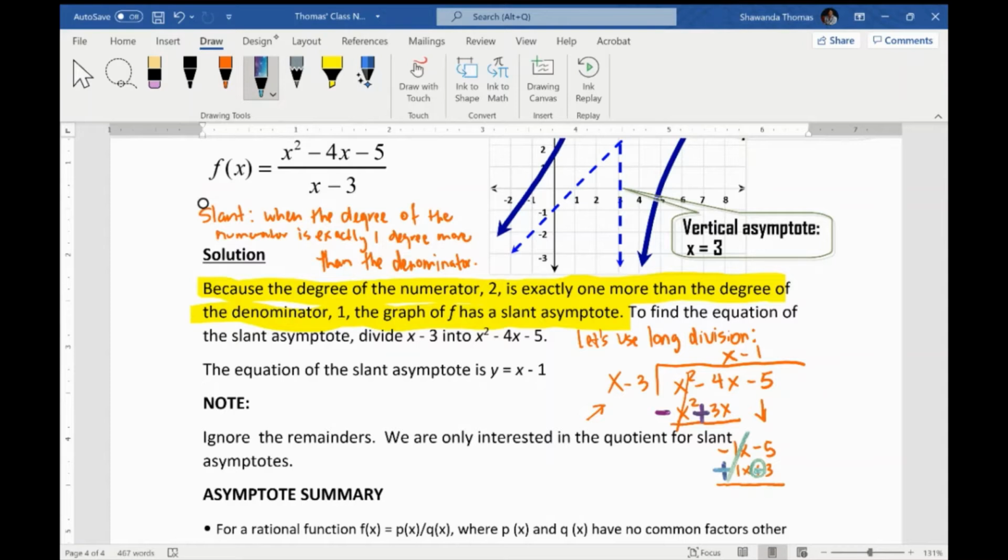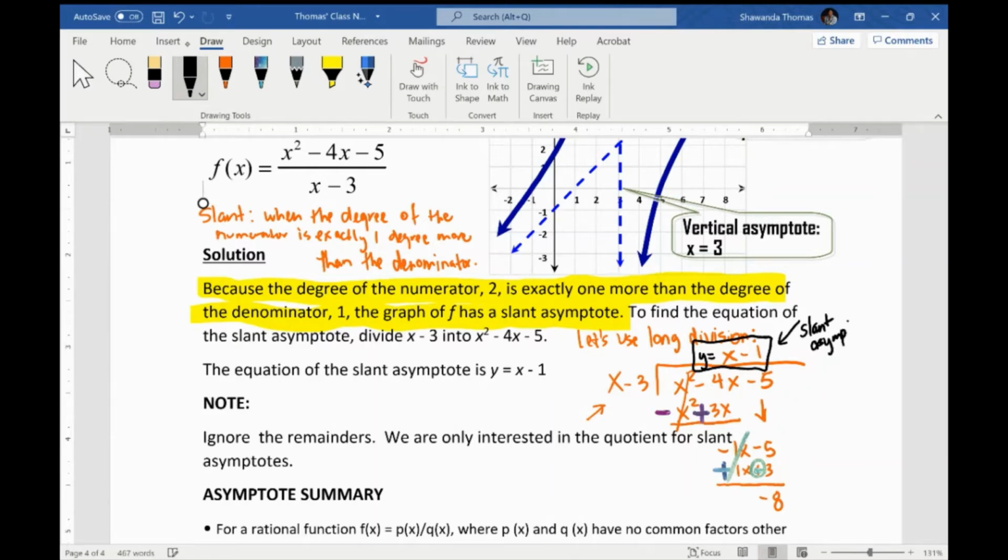Negative 5 minus 3. We really don't care about the remainder, but let's go with it anyway. What's the remainder? Negative 8? Okay. So the slant asymptote is y equals x minus 1. We can throw away the remainder for the slant asymptote.